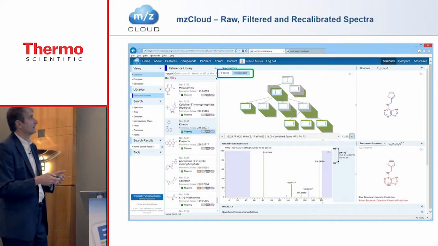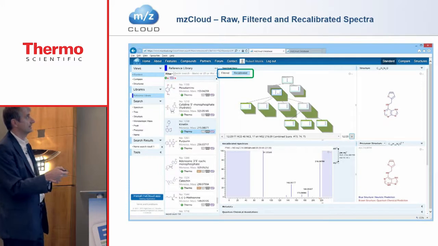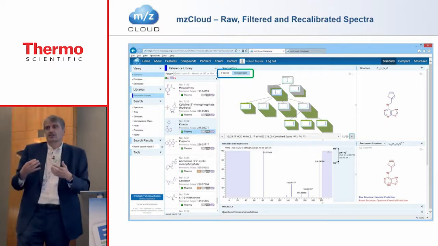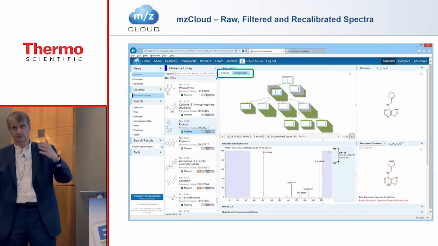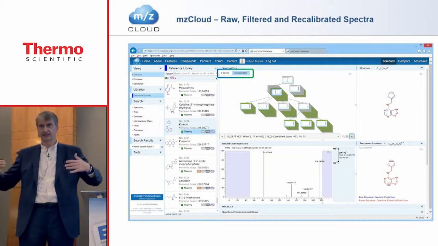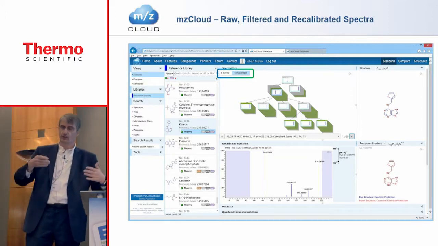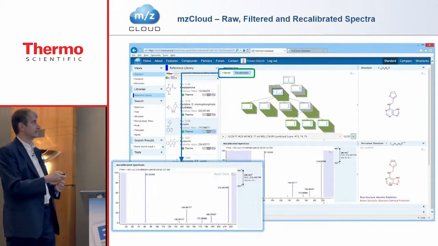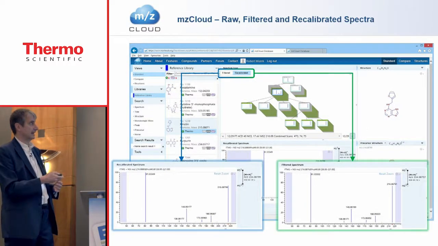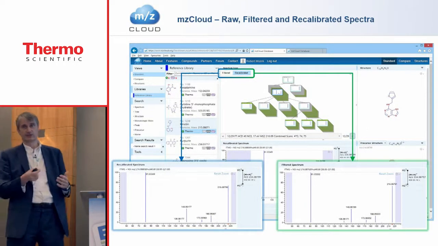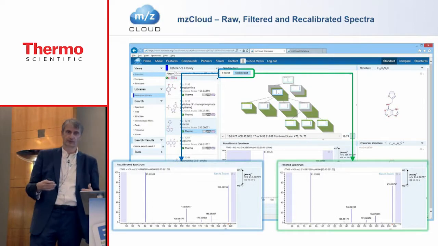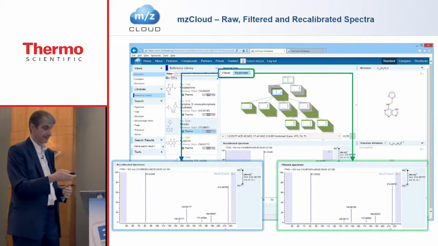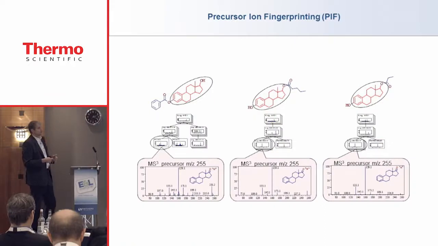Here we have, as I mentioned, filtered and recalibrated spectra. Since recalibrated spectra are artificially changed, we better keep them separately, and you can search in both of them. So you have a filtered spectrum and a filtered and recalibrated spectrum. And the search algorithms go through all of them.